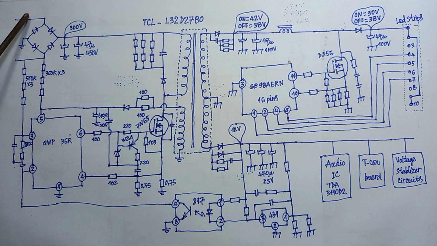The AC voltage will enter here and rectified by 4 diodes and filtered by the 2 capacitors. The voltage here will increase to about 300 volts.